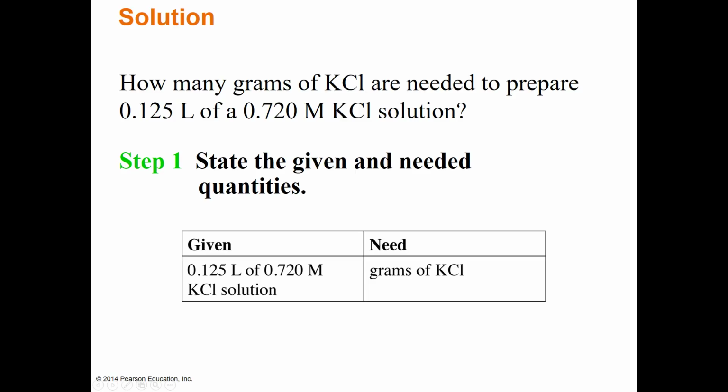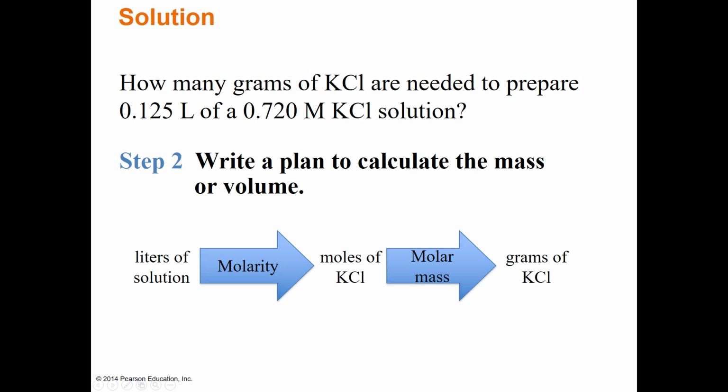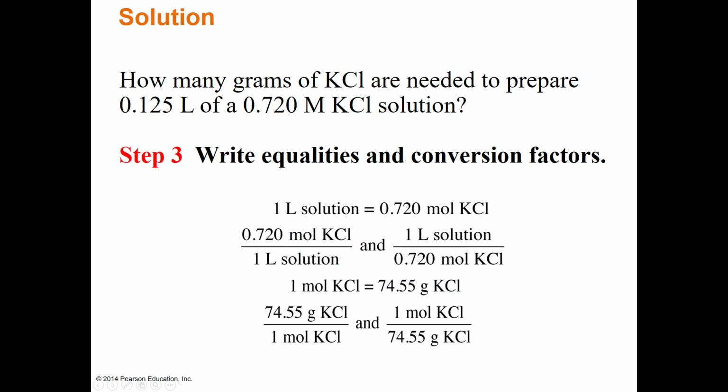Once you have the moles, then you can use the molar mass of potassium chloride and go to grams. Well, they did it all in one step. We could do it all in one step too. However, basically that's the breakdown, where these two numbers multiplied, 0.125 times 0.720, give you 0.09 moles.